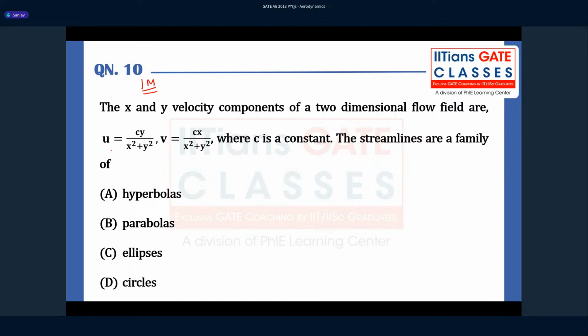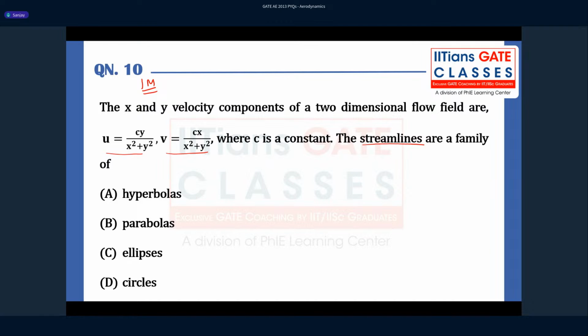So you're being given the velocity components, which are u and v, where c is a constant. The streamlines are a family of what? So this question is asking about the type of streamlines that you can expect in such a flow with these velocity components, right?